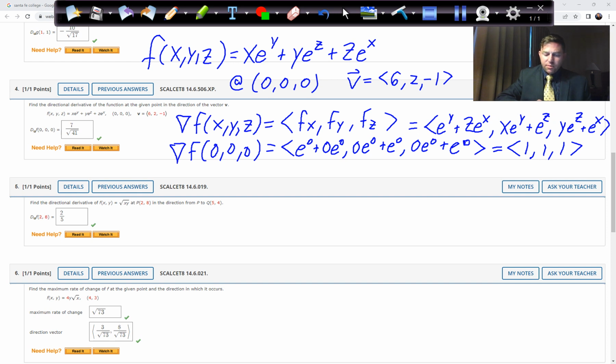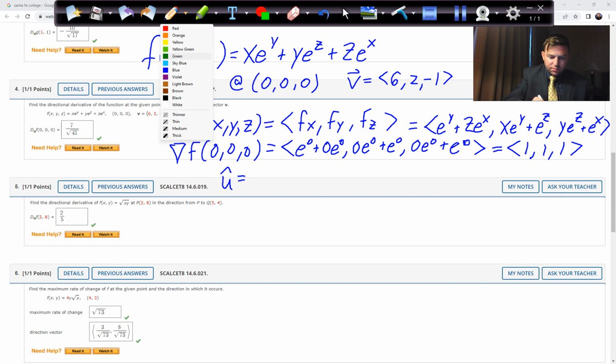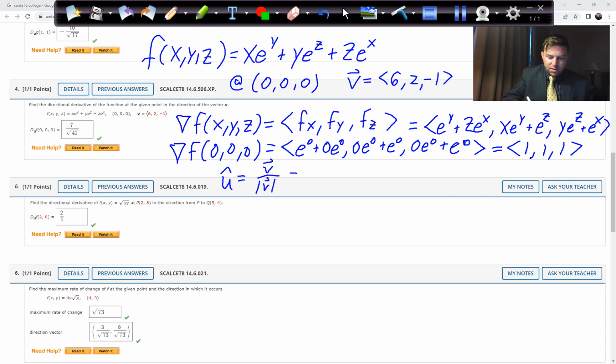Okay, now the only other thing we have to do is dot that with the u vector. Well, the u vector is going to be the v vector, I better write that part, divided by the magnitude of the v vector. And the v vector is 6, 2, minus 1.